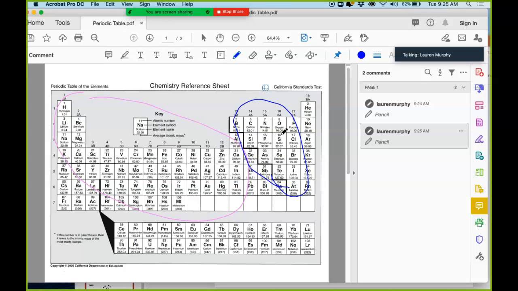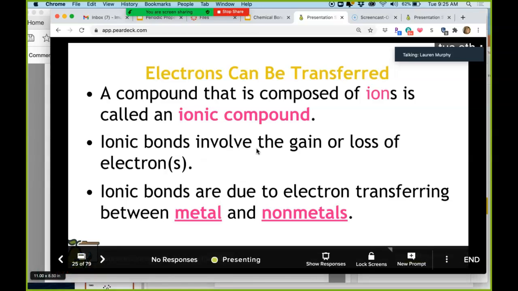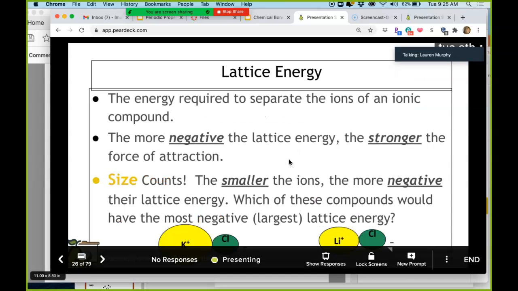So these guys with these guys. Before we were just focusing over here with things over here. So the reason that this happens for ionic compounds is a transfer of electrons, okay? One thing loses them and the other thing gains them. There's no sharing involved. No sharing in ionic compounds.